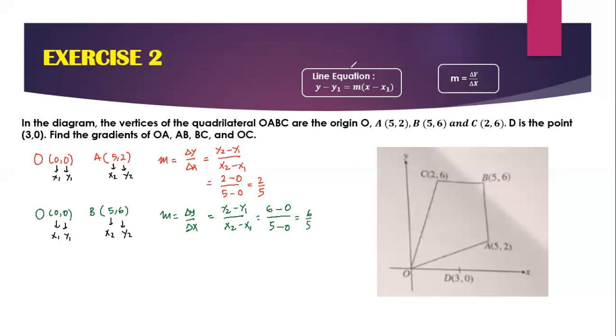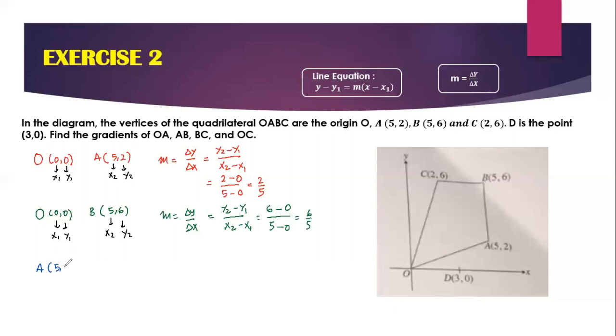Okay, next. What's the next? What is the gradient of the next question? AB. AB, sir. Okay, AB. So A is 5, 6, and B is 5, 6. Sorry, A is (5, 2). Sorry.